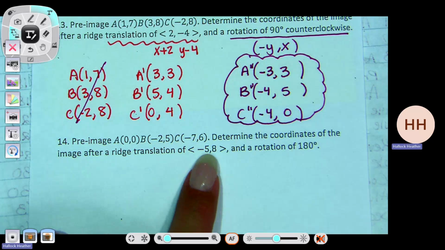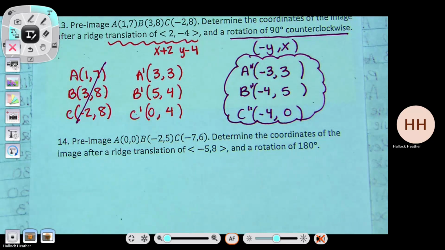Plus 8. Yeah. So these numbers are going to be bigger, but that's okay. Have big numbers. That's why they wouldn't graph these, because they'll give you numbers in like the 20s or 30s. They don't want you to graph that.